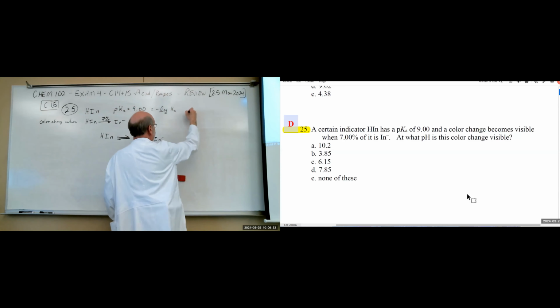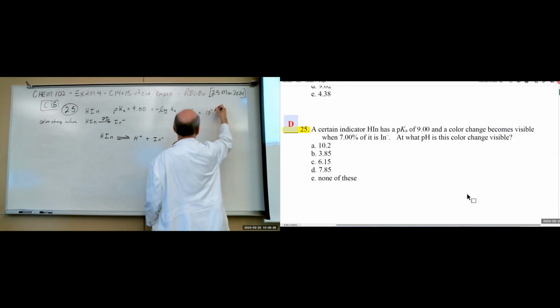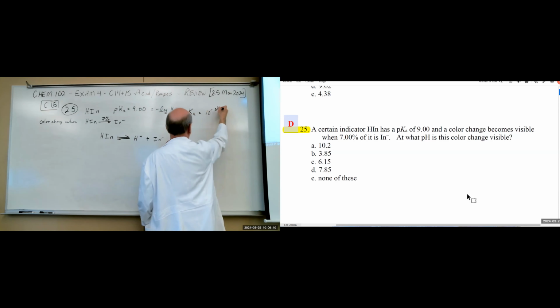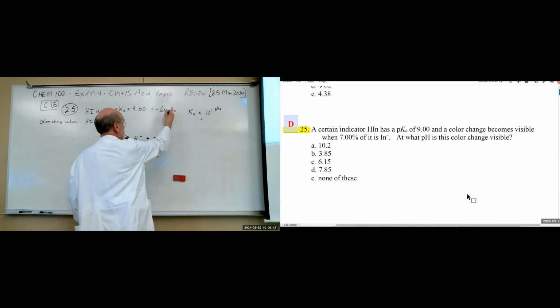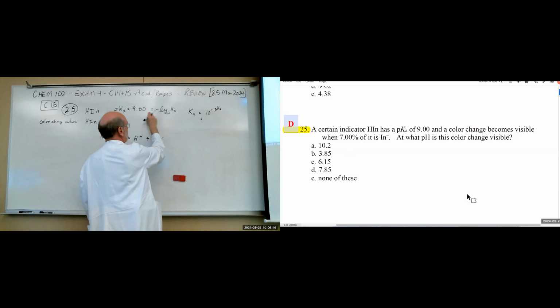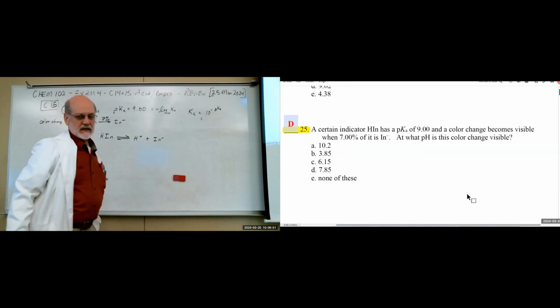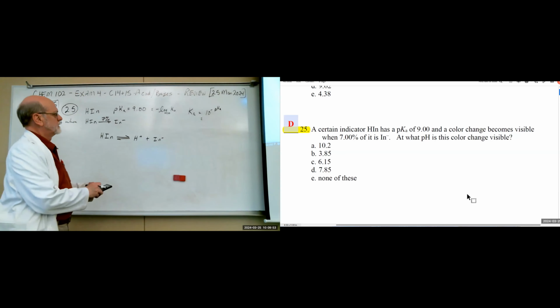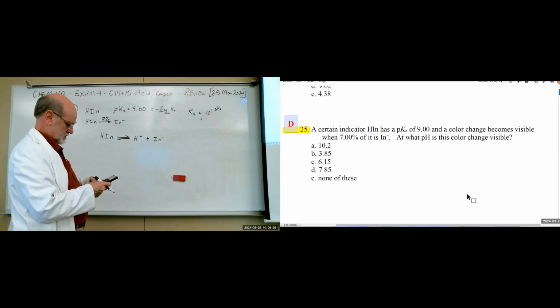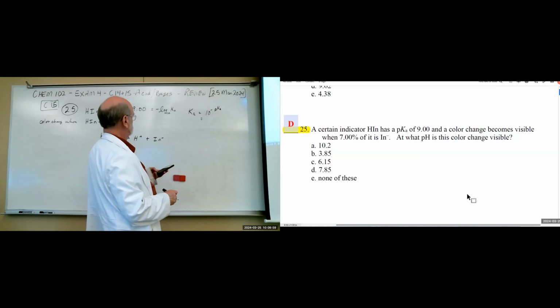So Ka then is equal to 10 to the minus pKa. Right? Because this is base 10. Move the negative over here and say 10 to that power equals this. So that would be 10 to the minus 9. Which is that right?